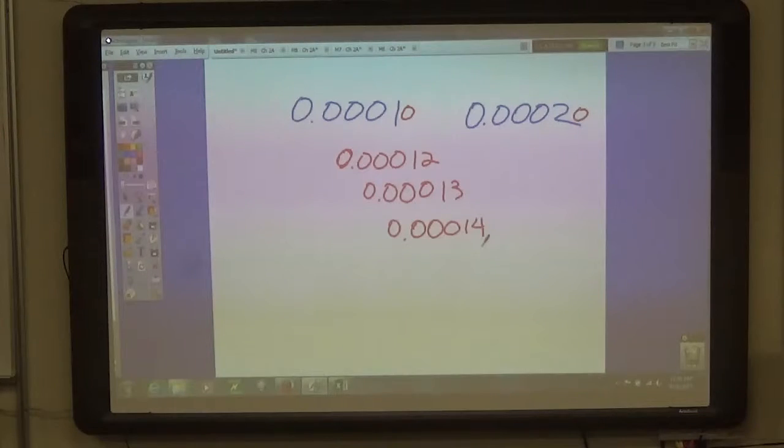How would you read the first one? Bryce. Listen to Bryce. He's going to tell us what the word form of the first one is. 5 and 92 hundredths. Correct.